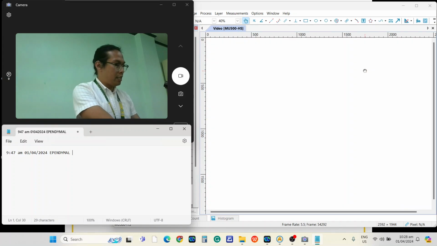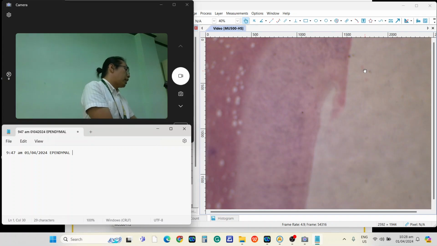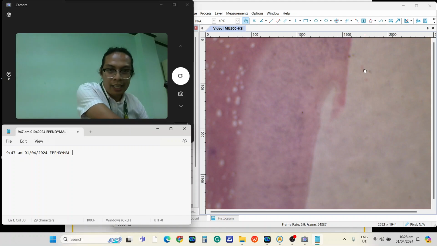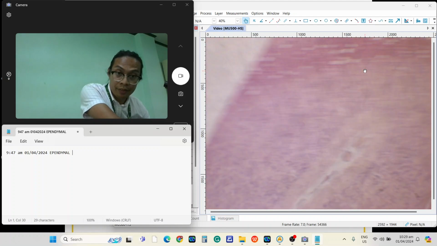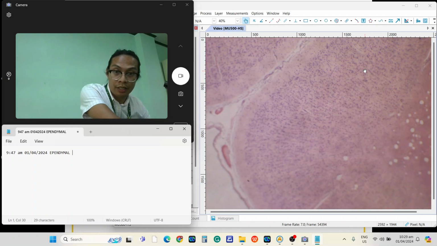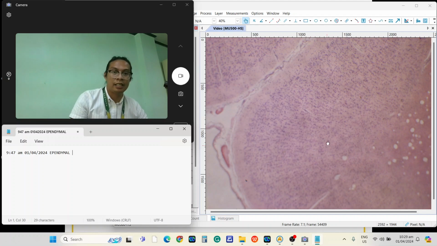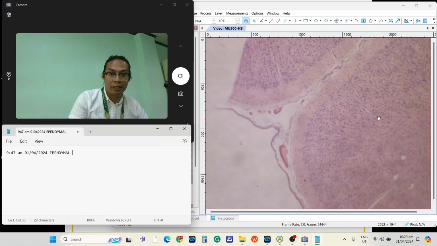Okay? Move on na tayo sa mas malaking part ng brain, which is the cerebrum. Again, kagaya ng cerebellum, ang white matter ay nasa loob at ang gray matter ay nasa labas. Such as this one. Yung nakikita natin lahat na yan, that is the gray matter. This is the white matter.